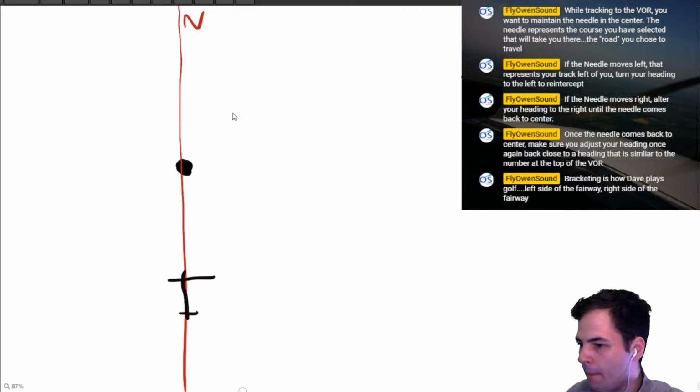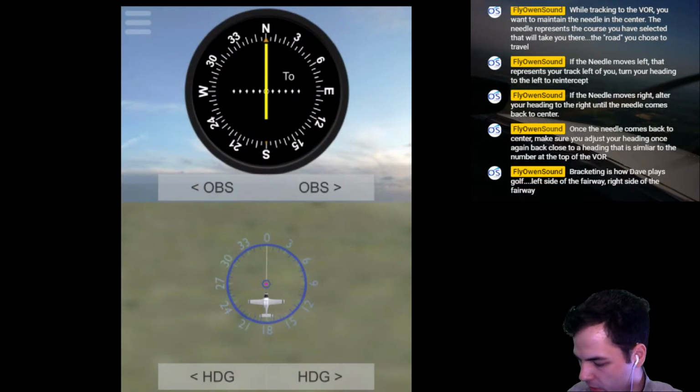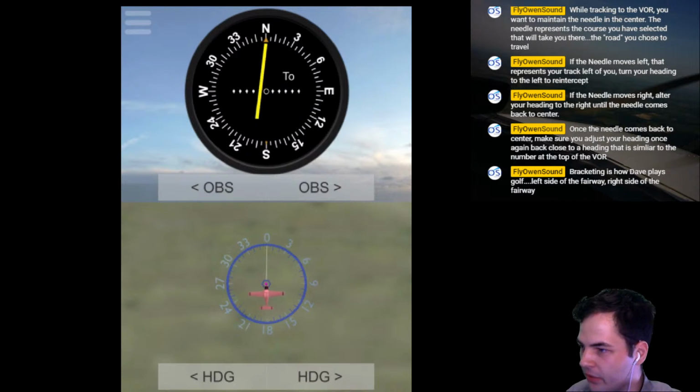If you are playing around with the app, you can very quickly see as we get closer, it gets real hard to keep that line centered, but you can still do it. And then at some point, we fly past the VOR, line still centered.